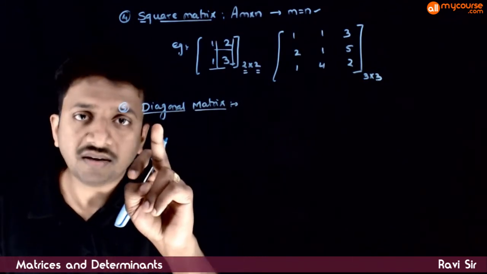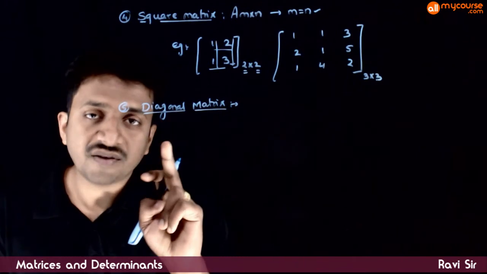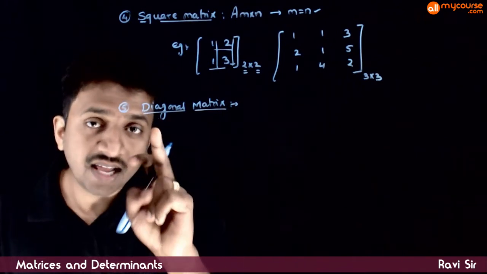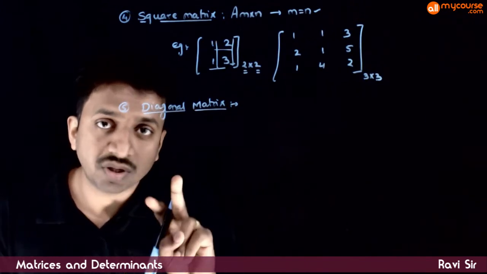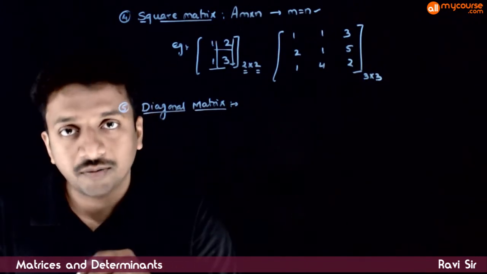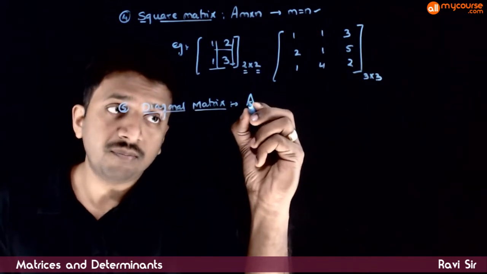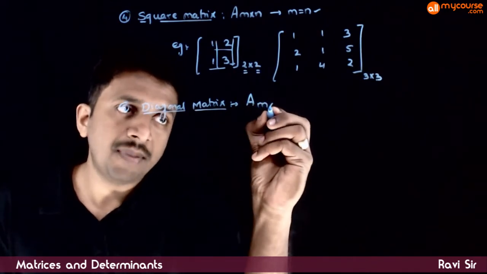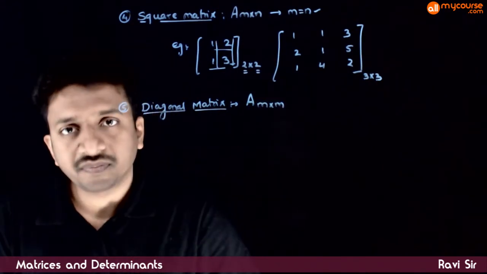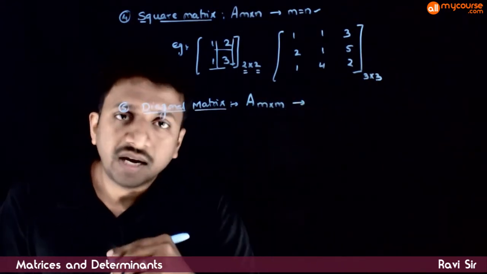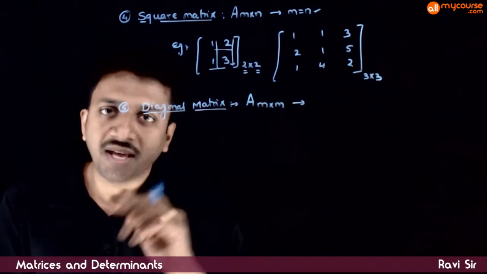We have seen that a diagonal exists for a square matrix, and the diagonal elements are all those elements whose row number is the same as the column number. For example, if you have a matrix A which is an m by m matrix, that is a square matrix, it has elements of the form Aij.